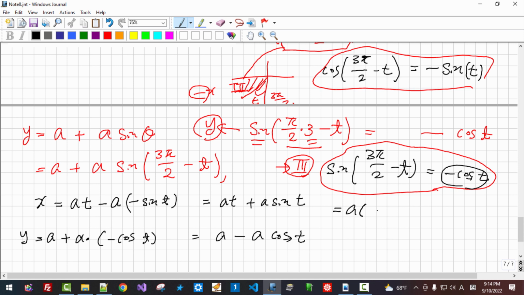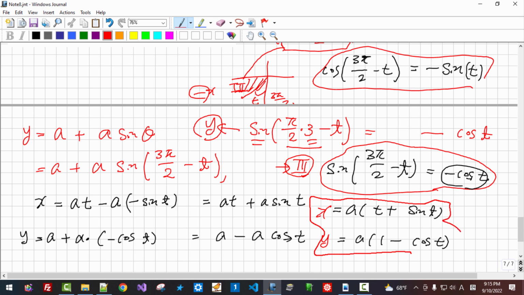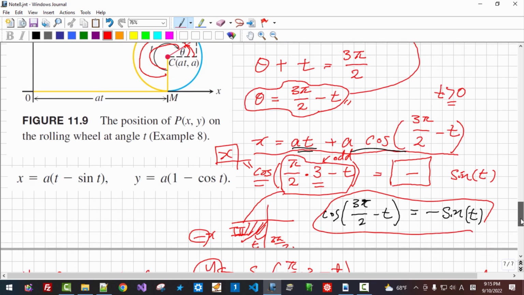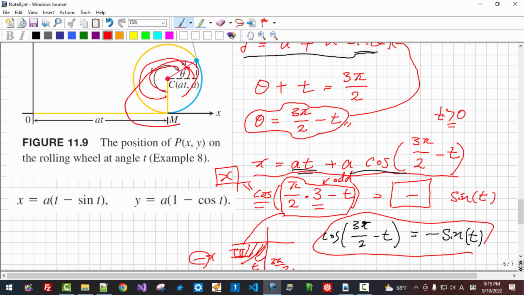So x equals a times t plus sine t, y equals a times 1 minus cosine t. This is x, this is y. We derived parametric equations for this cycloid, as in this equation.